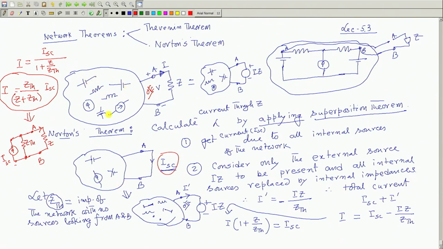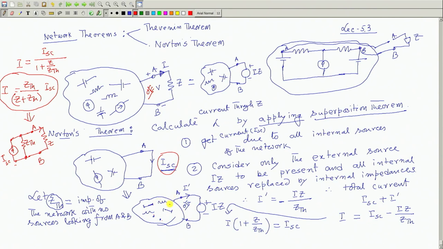All internal sources replace it by open circuit, that is battery replaced by short circuit, current source replaced by open circuit, and find out the equivalent impedance looking from A and B into the network.